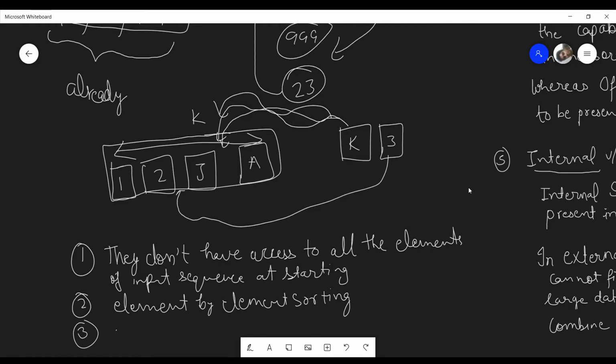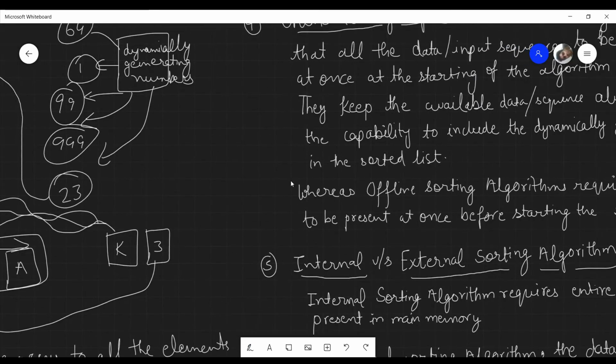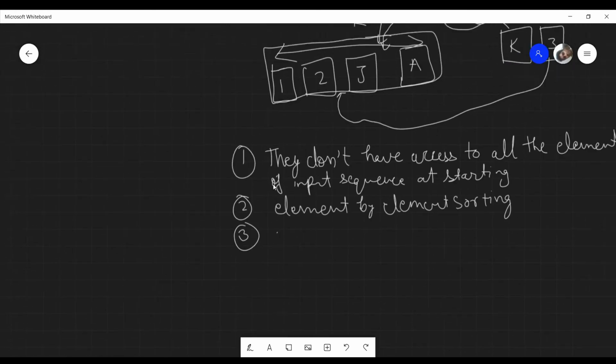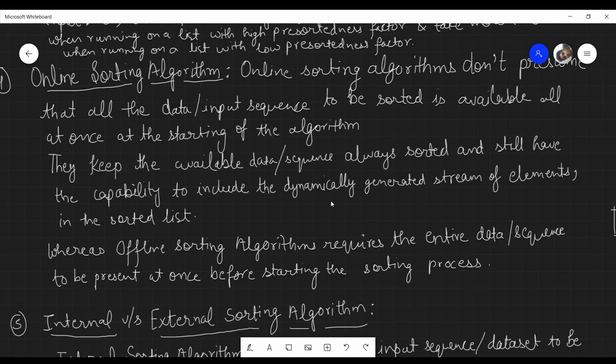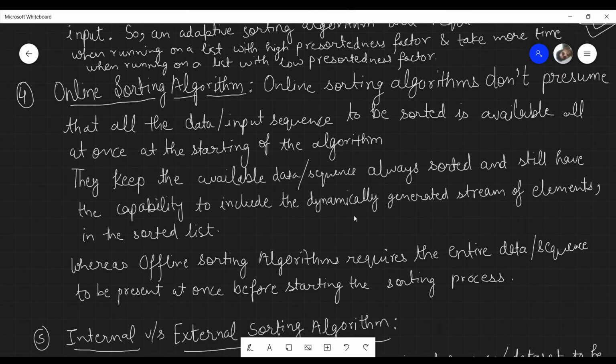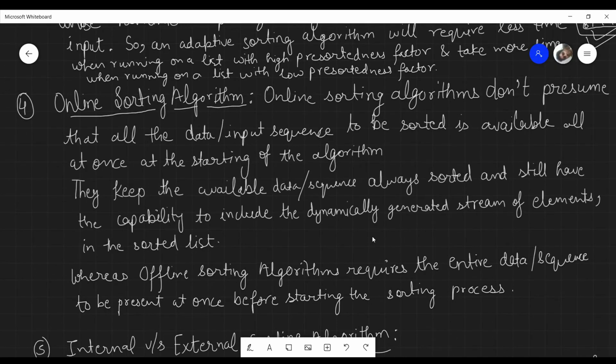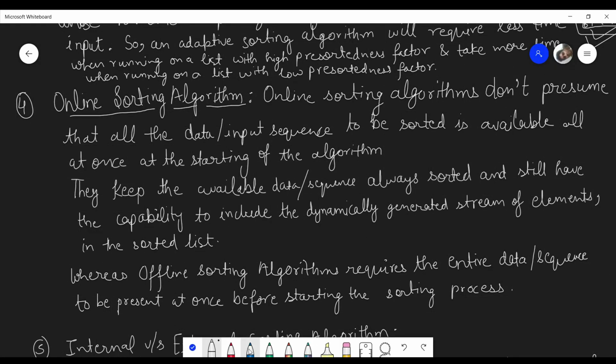So now we can head over to the main definition of what online sorting algorithms are. Online sorting algorithms were produced mainly to solve this particular problem of being able to keep a dynamically generated list sorted. They don't pre-assume that all the data or input sequence to be sorted will be available to them right at the starting of the algorithm, because all of the data is going to be dynamically generated.